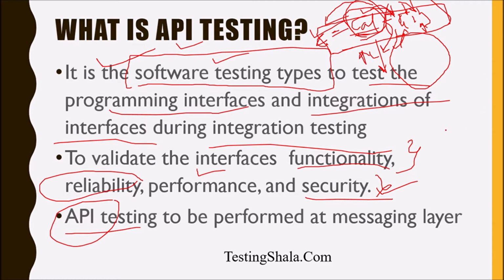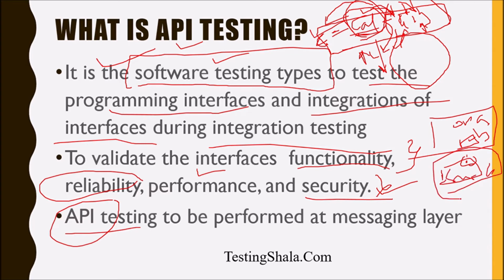You cannot test it as part of a UI, where I'm going to get a UI, then a field A, then a field B, then a submit button, and then on the next page you get the sum equal to C. Here there is no UI to calculate the numbers in API testing.